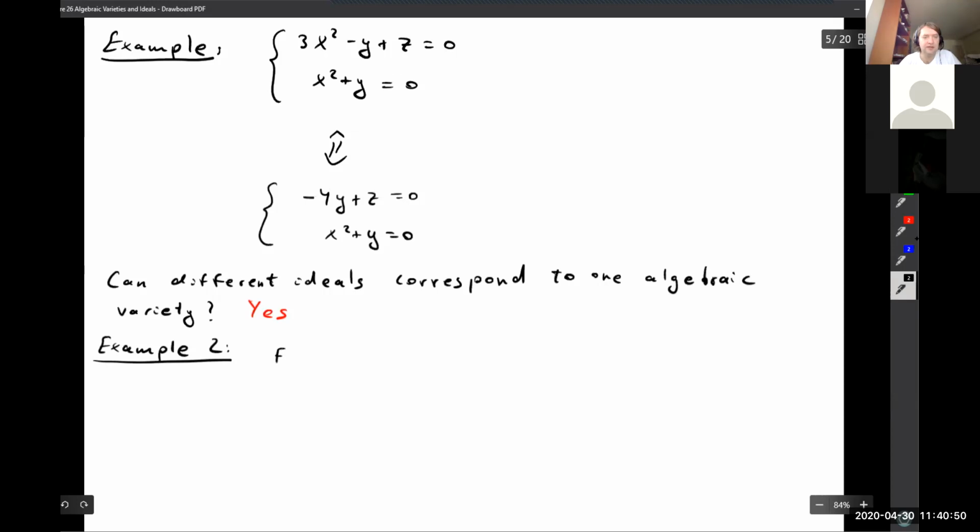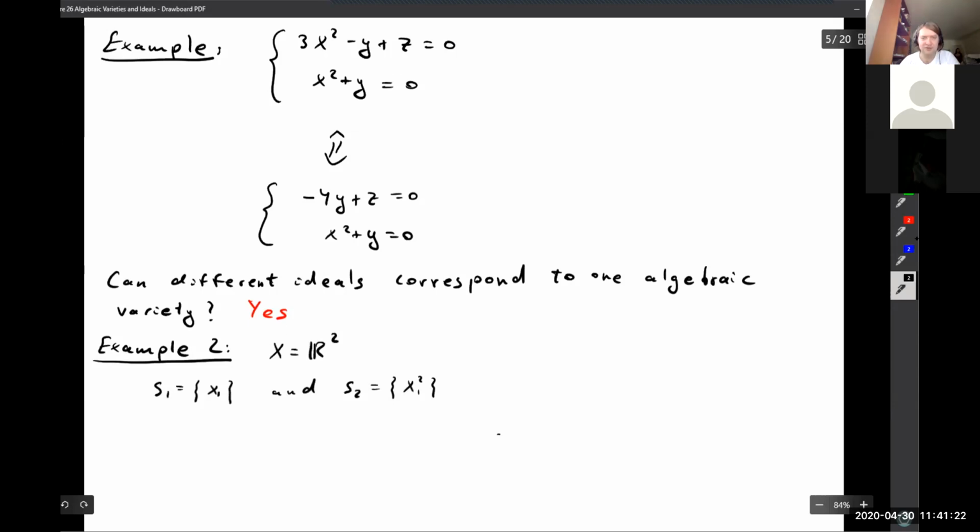So let's say that X equals R2, the two-dimensional Euclidean space, and let's look at the following. S1 will consist of the polynomial x1, and S2 will consist of the polynomial x1 squared.